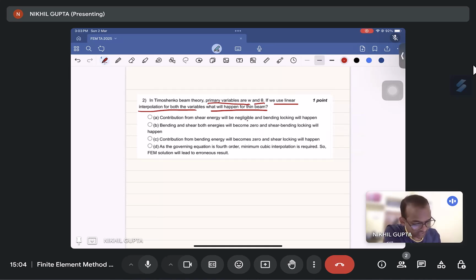Contribution from shear energy will be negligible and bending locking will happen. This is wrong. Bending and shear, both energies will become 0 and shear bending locking will happen. No, this is also wrong. The third option says contribution from bending energy will become 0 and shear locking will happen. We have understood in the class notes that this is correct.